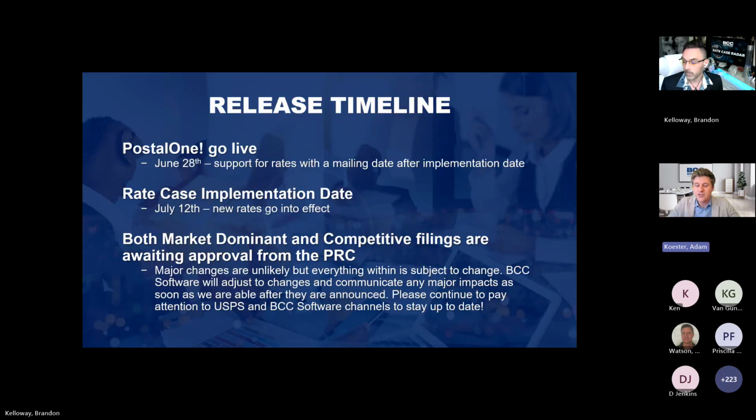So make sure that you're paying attention to the channels from BCC, the channels from the post office, anywhere else you get your postal news, the industry alerts that they send out for updates and changes. We will for sure be keeping an eye on that, communicating those out as we get major changes coming through, if there are any, as well as making sure that anything that we get is communicated out via the next webinar as well.